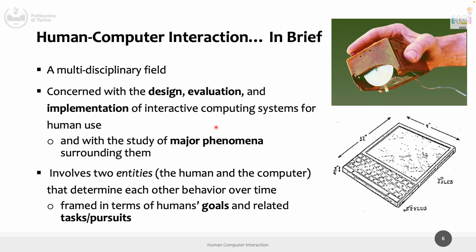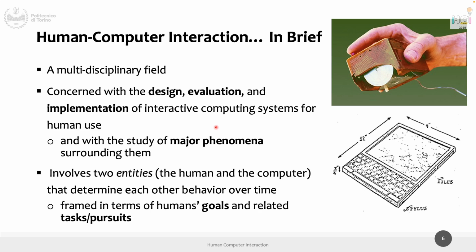In brief, human-computer interaction is a field of study that is multidisciplinary. It started from computer science, engineering, and psychology, and then evolved over time, including lawyers, including philosophy, including ethics, etc. So it's a huge field.